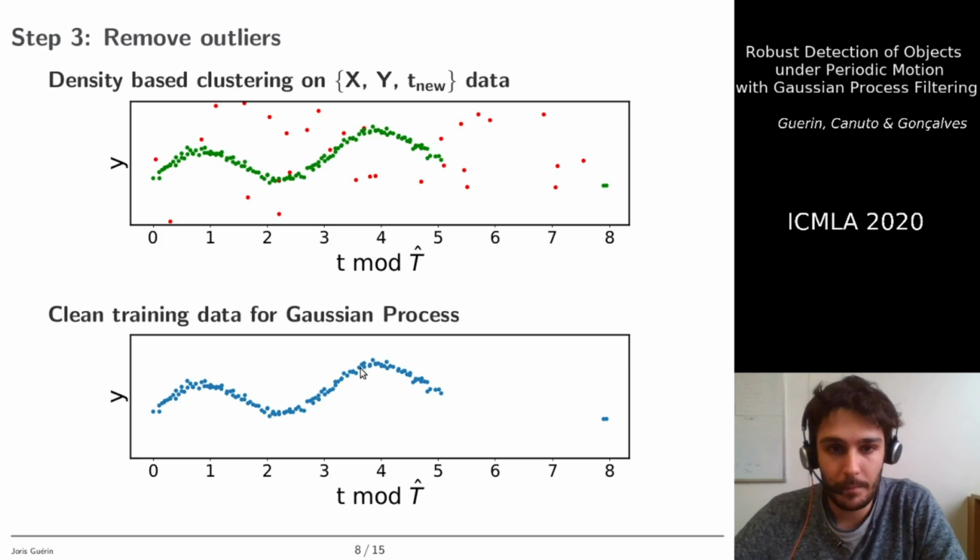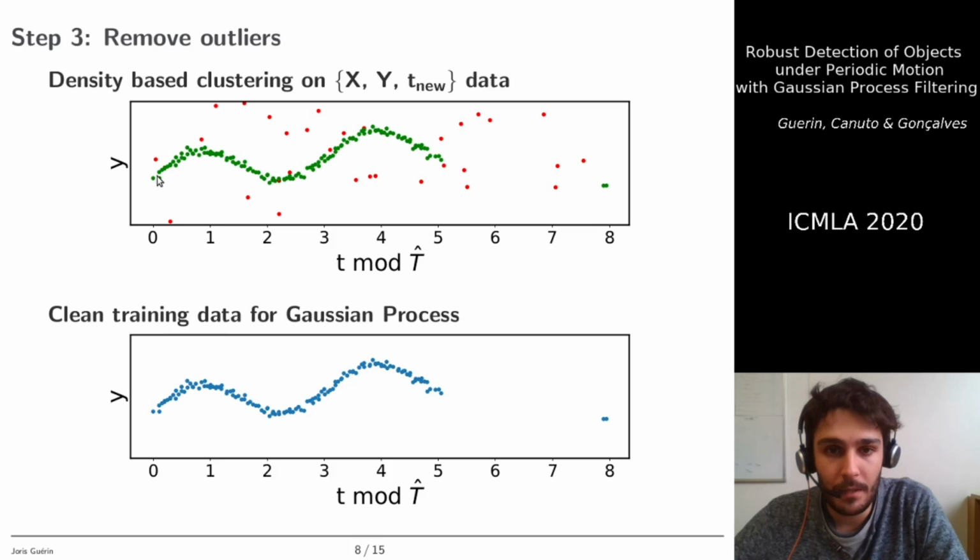The next step is to remove the outliers. To do this, we can do density-based clustering, but now on the x, y, t data, where t is basically t modulo the period.